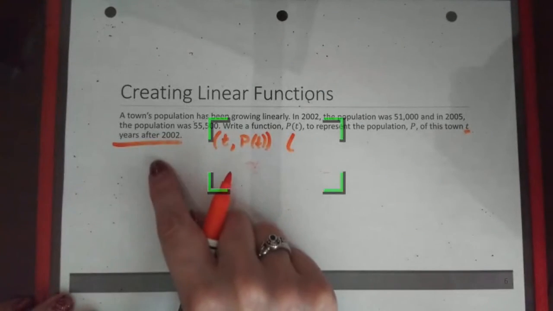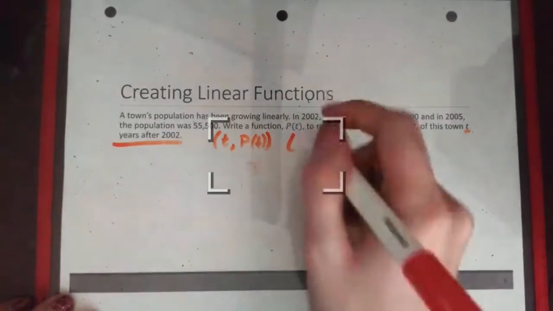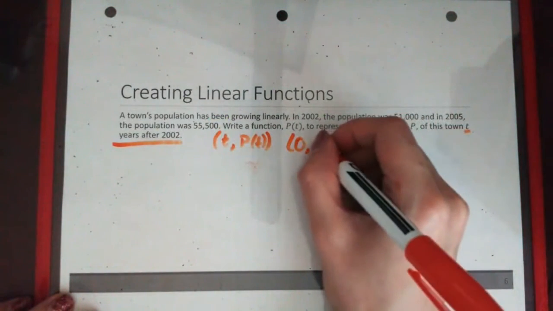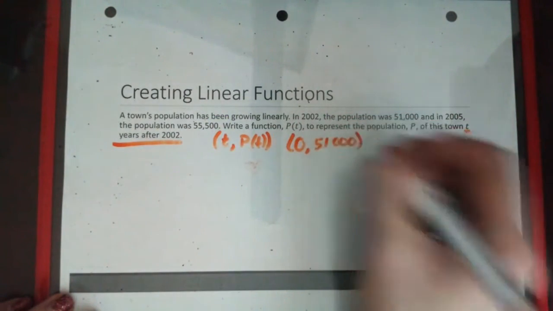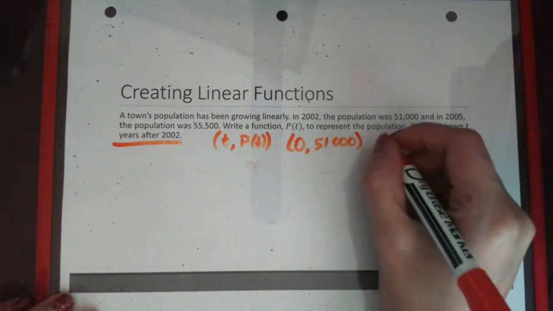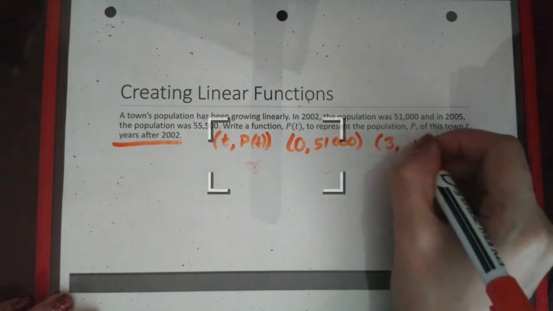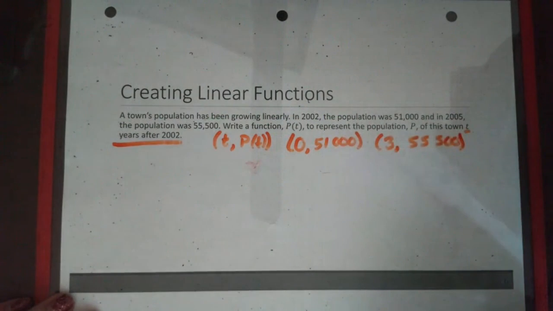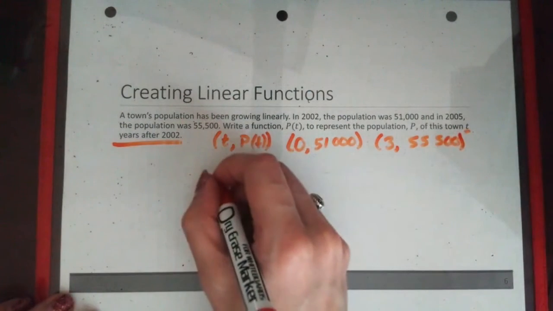So our first ordered pair, t is the number of years after 2002. Since we're in 2002, that's 0, and the population was 51,000. In 2005, that's 3 years later, the population was 55,500. So we need to find our slope.